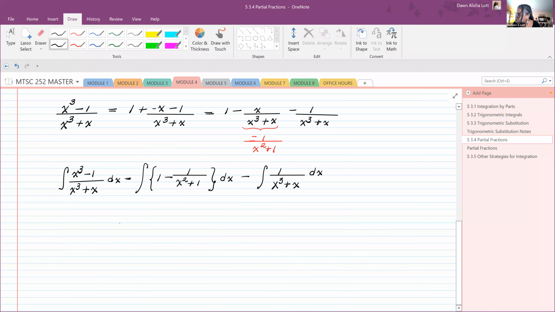So this now gives us, this part is just x minus, what's the integral of 1 over x squared plus 1? What is the integral of 1? Tangent inverse. Tan inverse, good. Plus, minus this one integral that we haven't figured out how to do yet, because we haven't been taught how to do it.